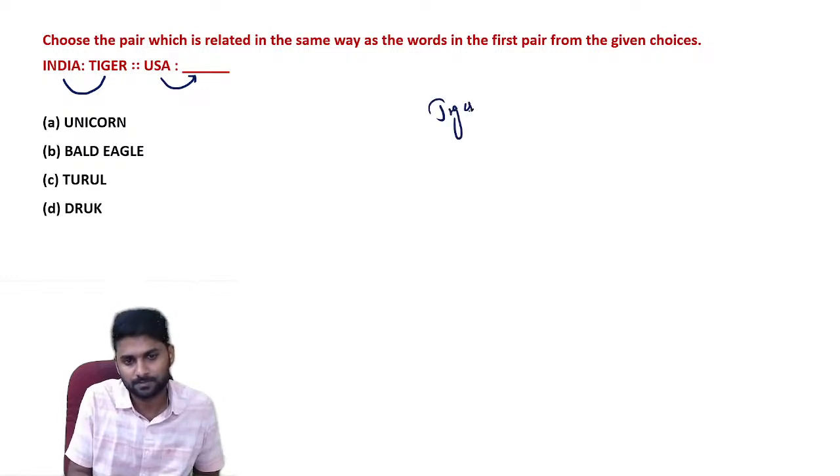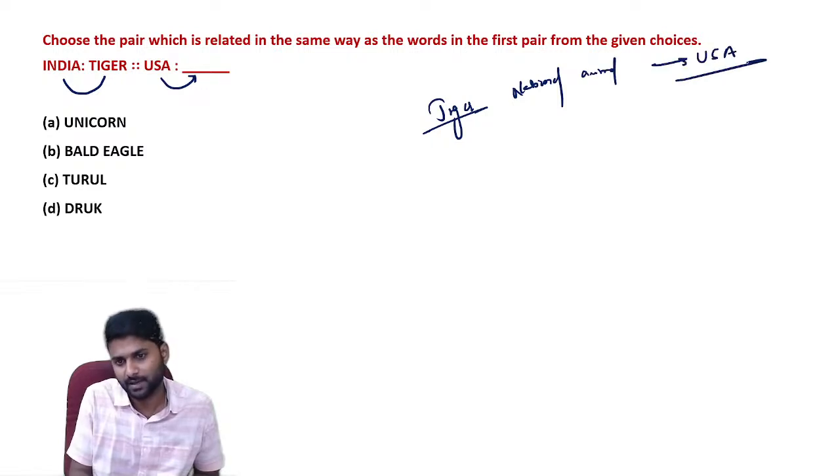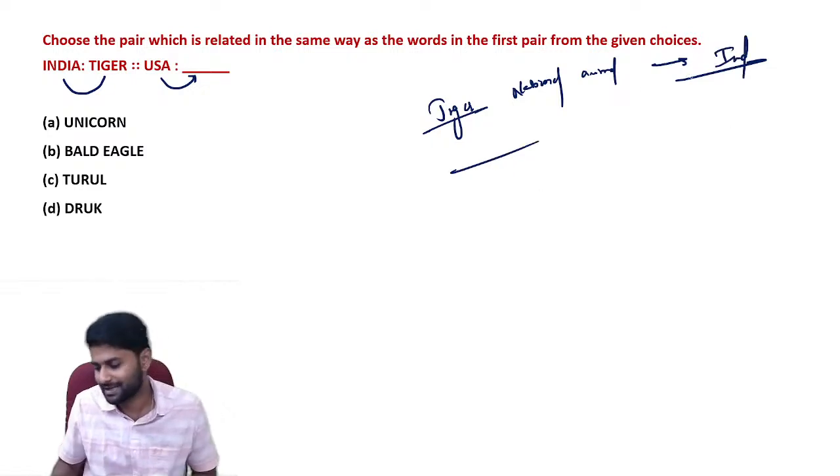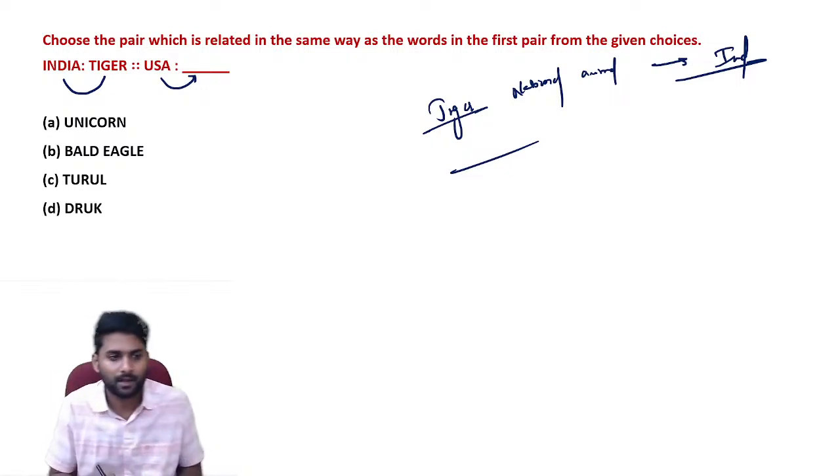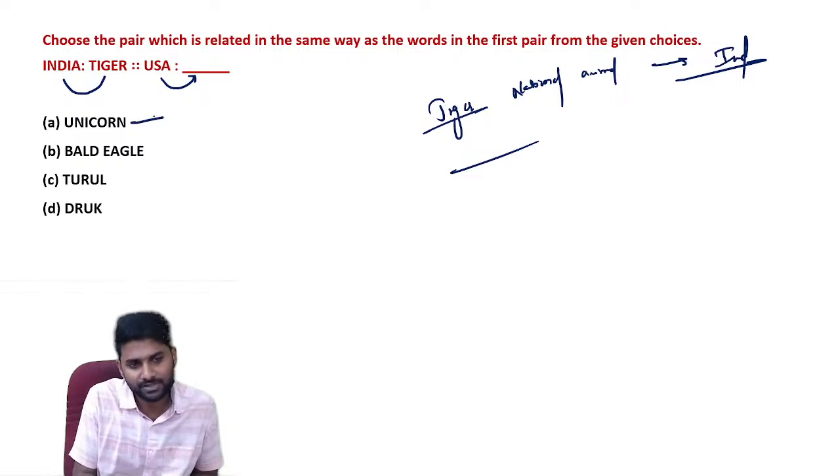Tiger is the national animal for India. Then we have to identify what is the national animal for USA.